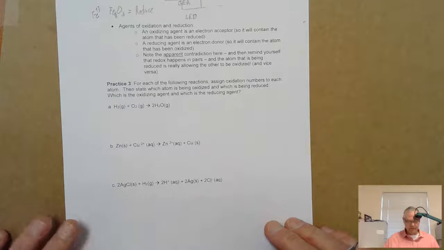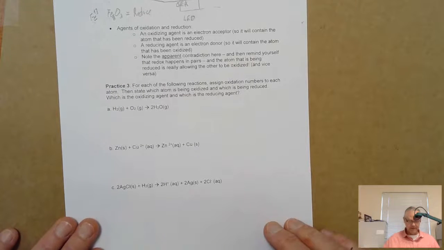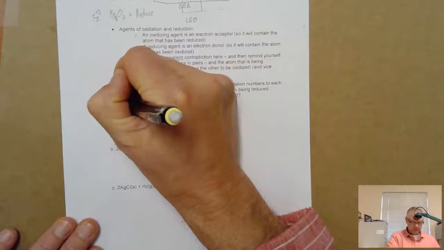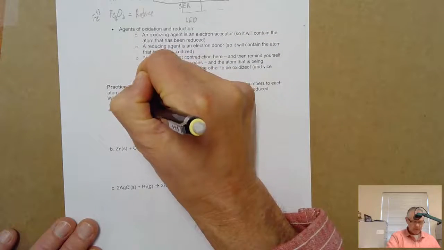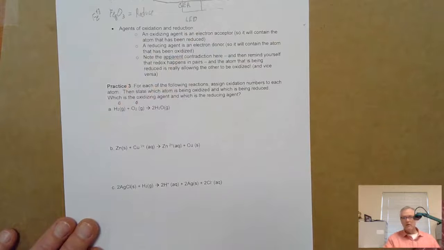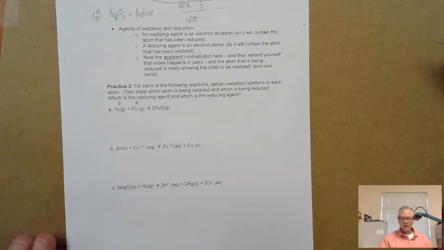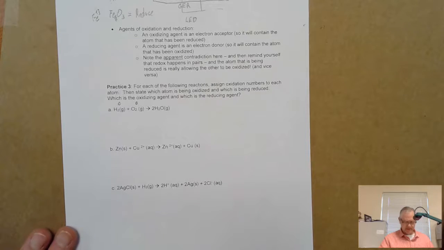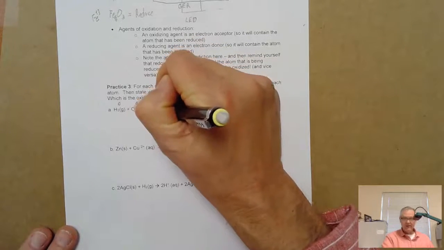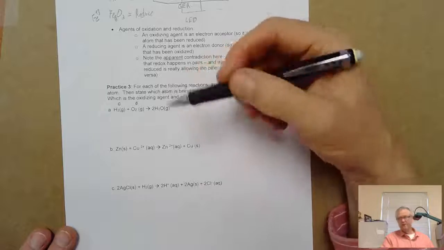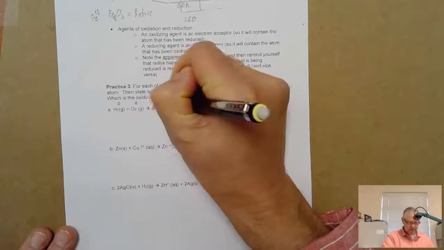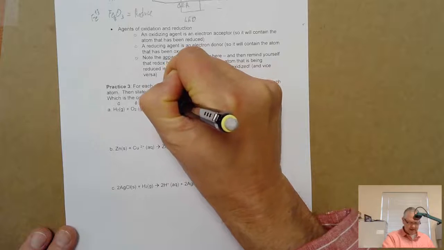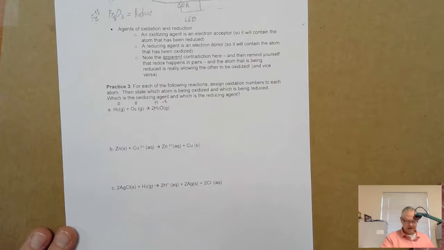So what I would like to do is do A and B, and then I'm going to let you do C by yourself. Okay? So we're just going to go through this one pretty straight up. This is 0. This is 0. All molecular gases or solids will have 0 oxidation state because they're already stable. In the hydrogen oxide, the water, I get a +1 and I get a -2 oxidation state.